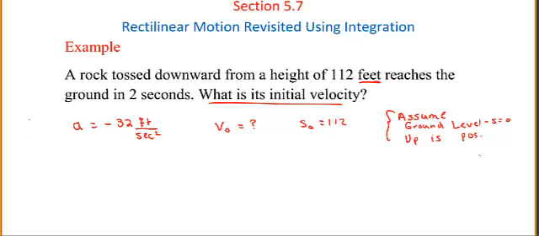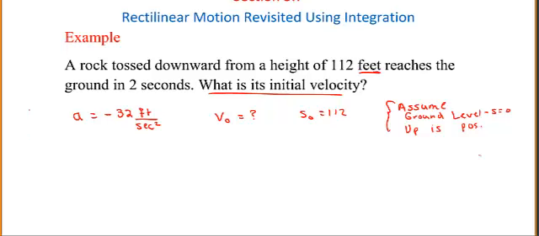Now let's see, how can we go about this? Well, it hits the ground in 2 seconds. So s of 2 needs to be 0. And basically we'll solve this, you'll see in a second, for v naught.